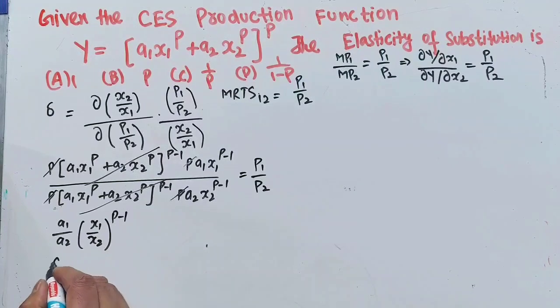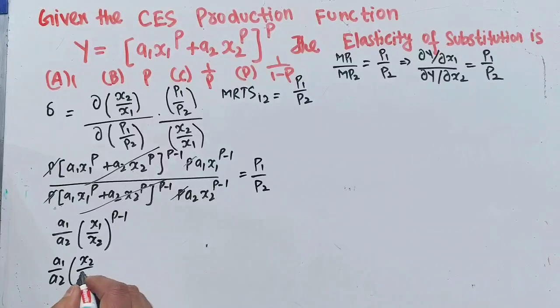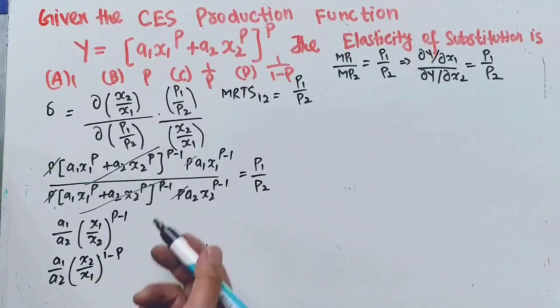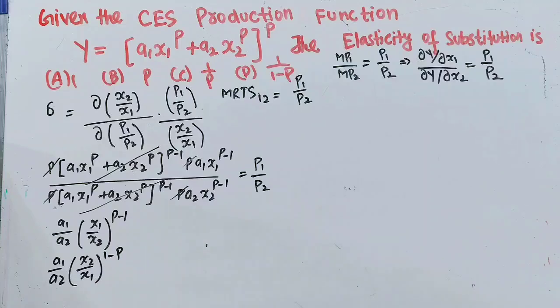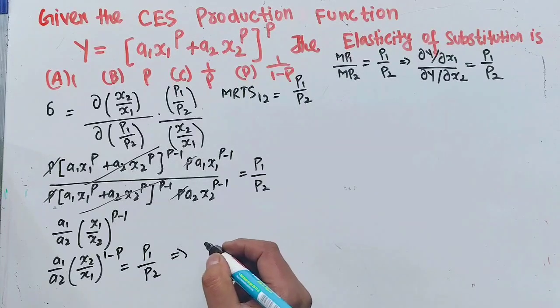So can I write it like this? a1 upon a2, x2 upon x1. If I reciprocate, it will become 1 minus p. Simple thing, reciprocating the terms changes the exponent sign. Should be equal to P1 upon P2, which implies, let us solve for x2 upon x1.